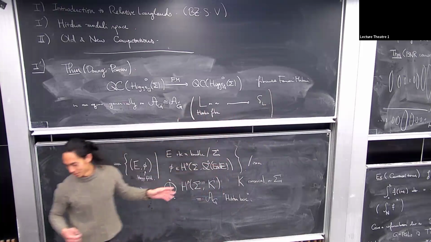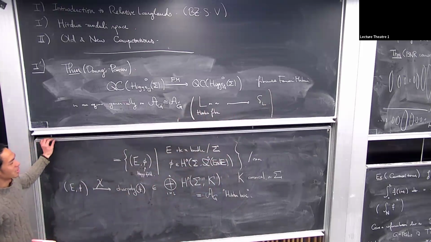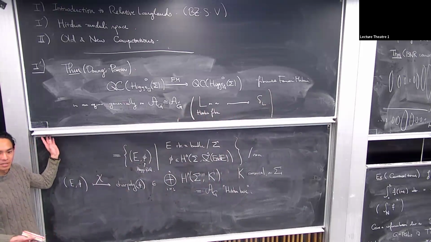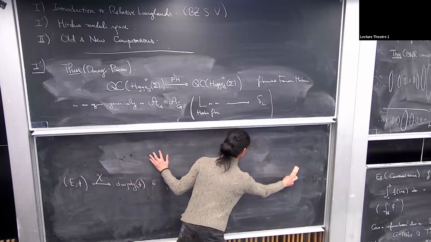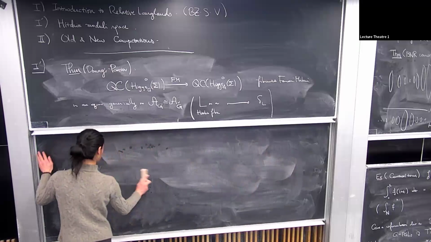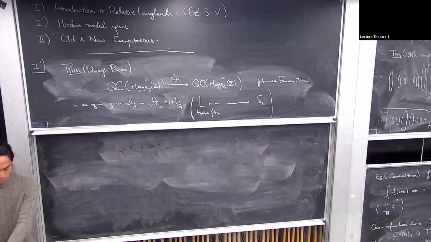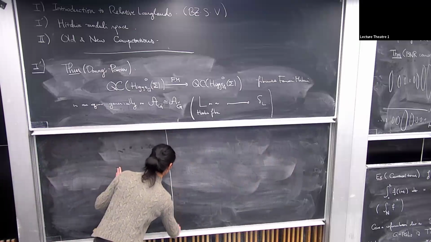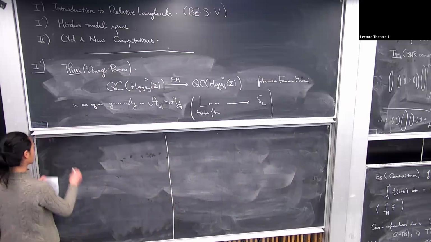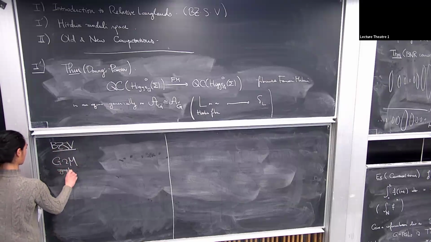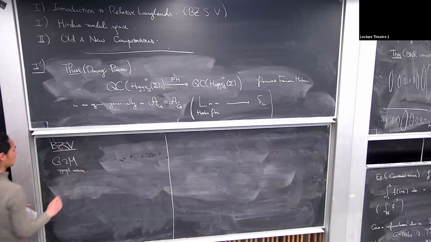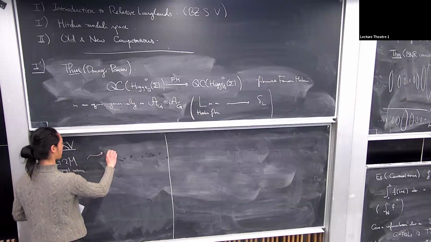But now I will ask you to remember that we wanted to start with Hamiltonian or symplectic varieties with G action. So in the BZSV setting, if I give you G acting on M, from this I made an automorphic functional.